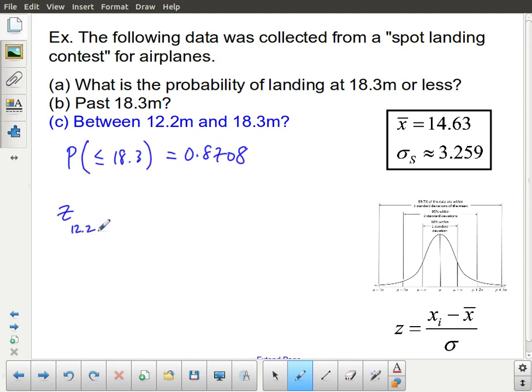So I'll just use 12.2 as my subscript here. And so I do the x value itself, 12.2, minus the mean, which is 14.63, divided by the standard deviation, 3.259.